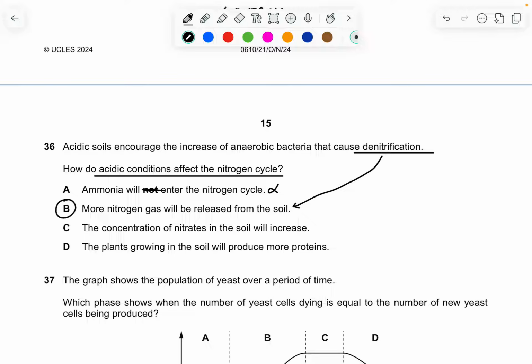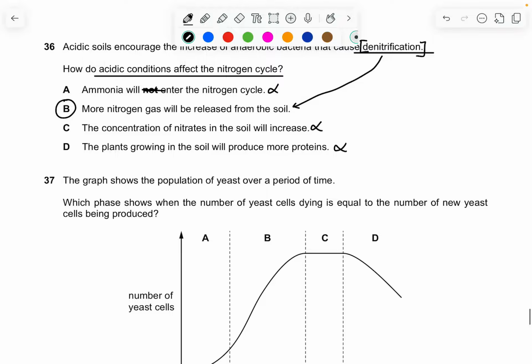The concentration of nitrates in the soil will increase? Not really. The plants growing in the soil will produce more protein? No. The key word here is denitrification. Although other statements sound correct, they are asking about denitrification. So it's all about nitrogen gas coming out from the soil and going back to the atmosphere.